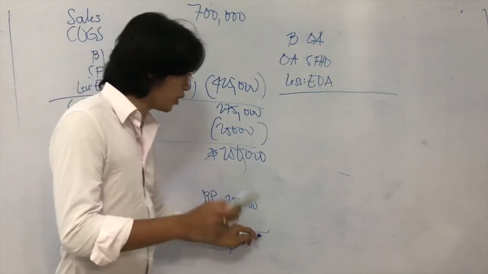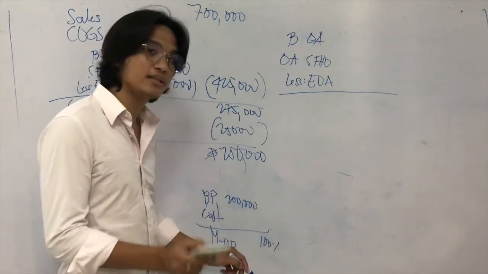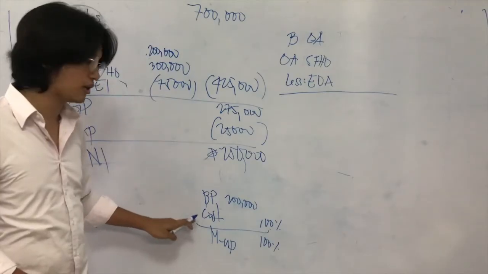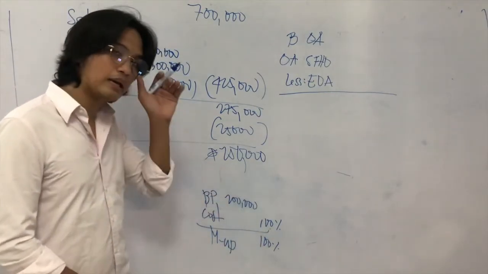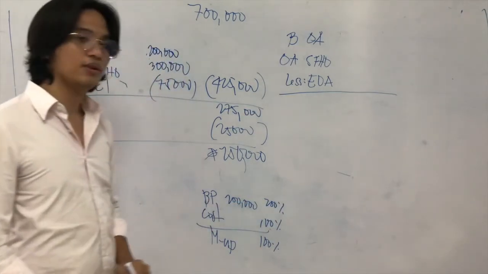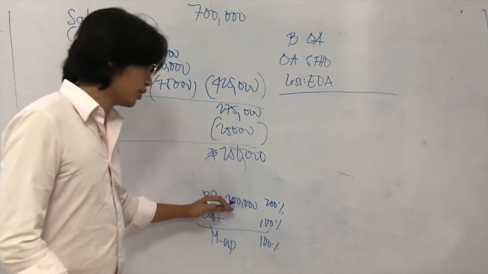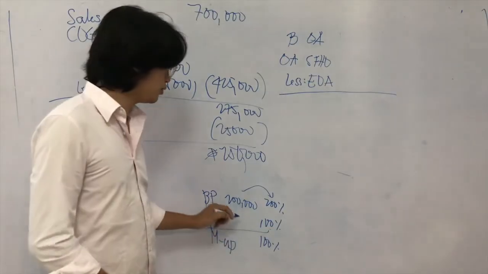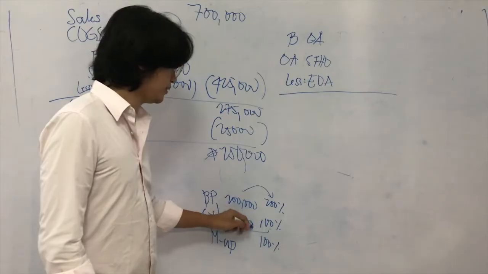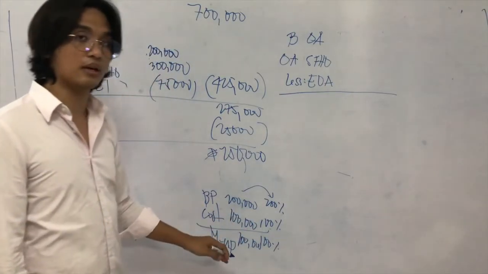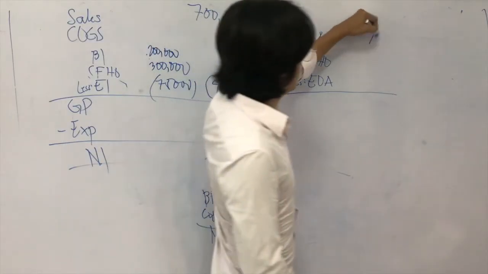The markup is 100% based on cost. So cost is also 100%. In order to get the cost, we take 200,000 divided by 200%, or divided by 2, we have 100,000. So the markup is 100,000.